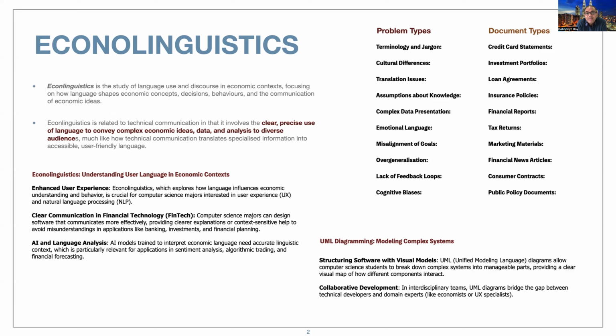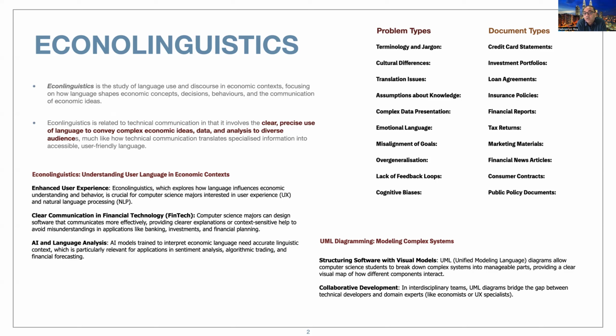So it's a very interdisciplinary field, and that's where econ linguistics becomes such a crucial thing for UX experts to understand where the problem is happening in terms of decision making, in terms of the customer understanding the products being sold, the kind of high stakes that are involved.